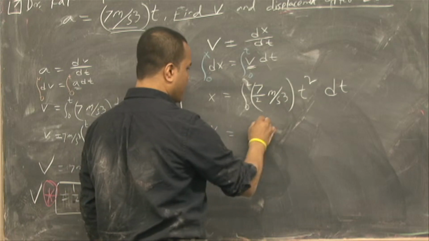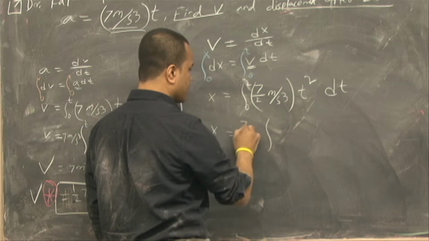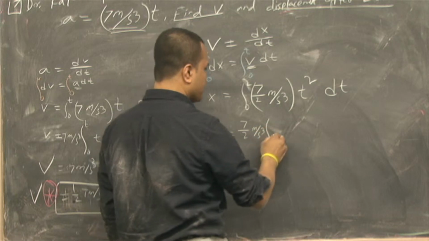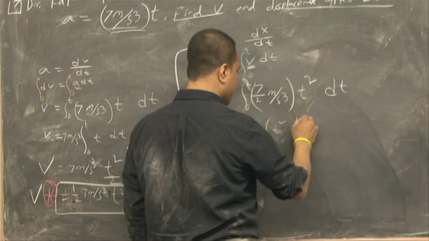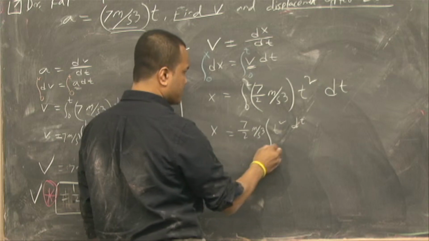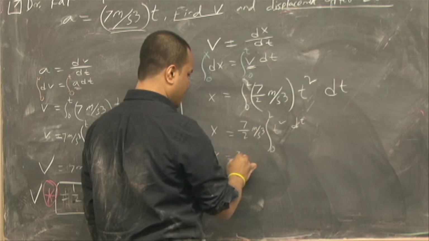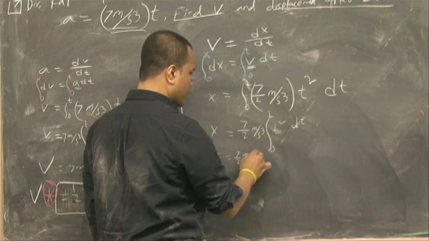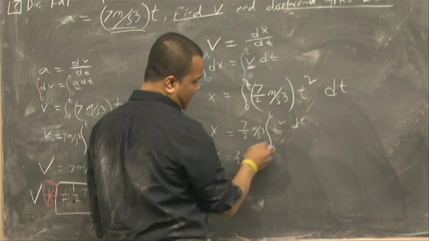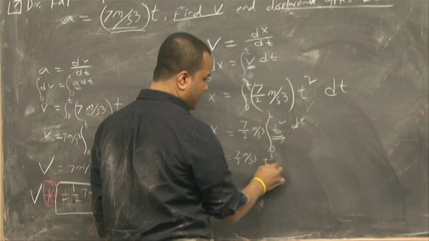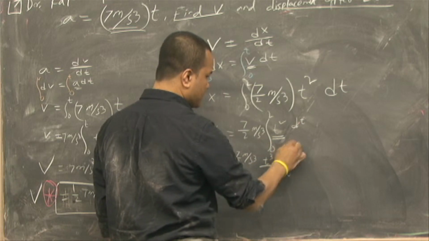So let's put the constant outside: 7 over 2 meter per second cubed, integral of t squared dt, from 0 to 2. Let's not forget that, that's important. 7 over 2 meter per second cubed, and then what is the integration of that? Simple, t cubed over 3, from 0 to 2.